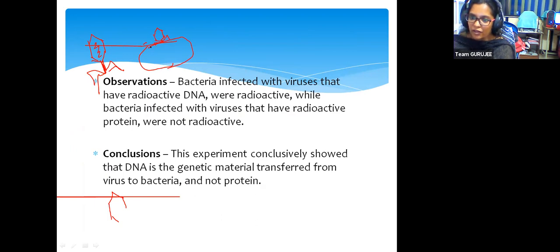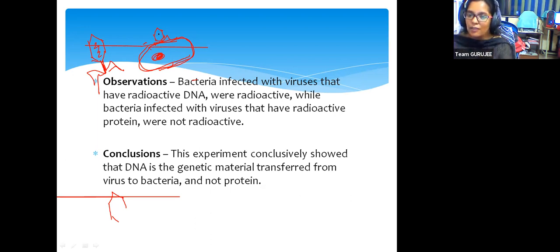This is the bacteria. The bacteriophage will sit over the cell wall of the bacteria, and it won't enter completely.